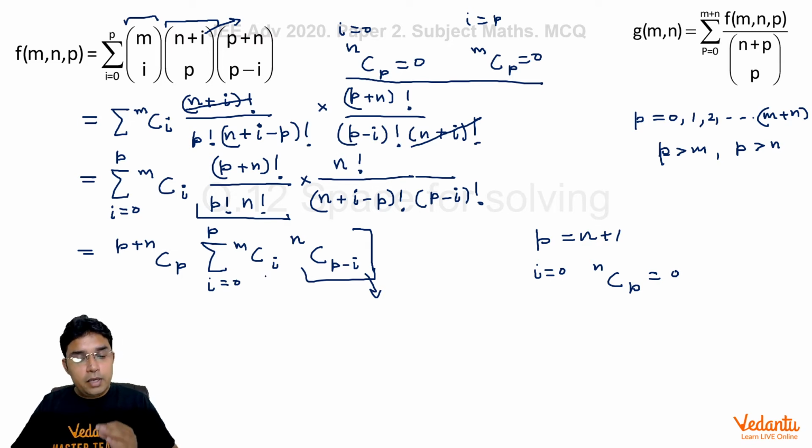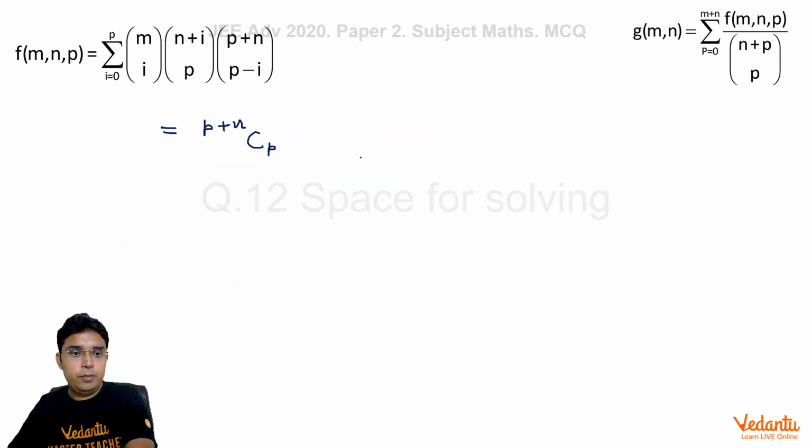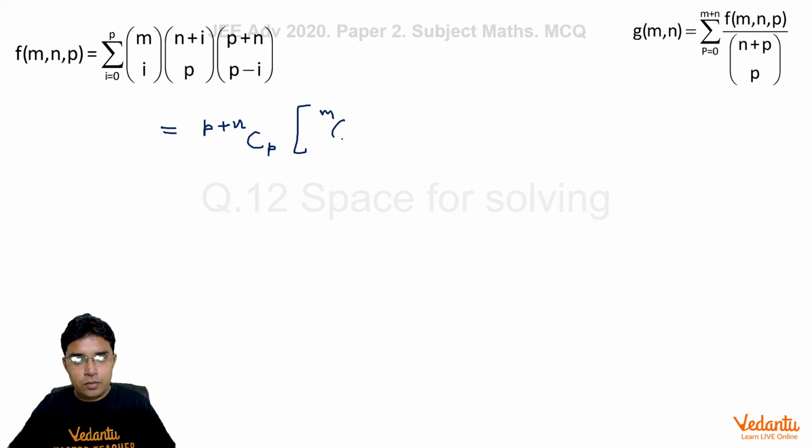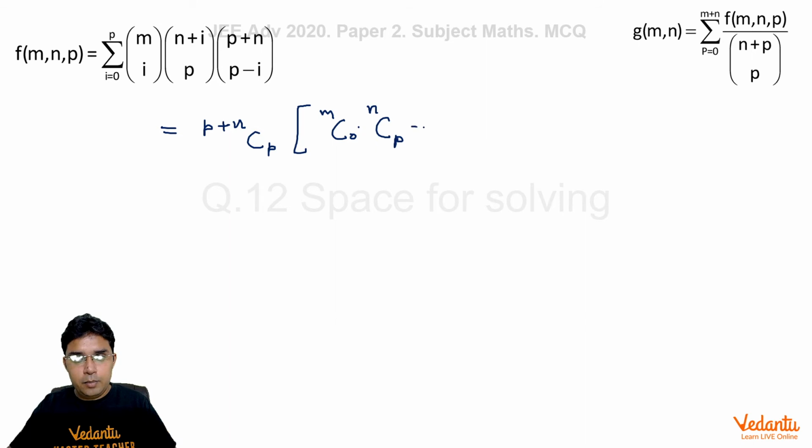Now to understand this, let me write this sigma with expanded terms like this. Let us see. I think we were getting p plus n Cp into mC0 into nCp plus mC1 into nCp minus 1 plus mC2 into nCp minus 2, and so on and so on.